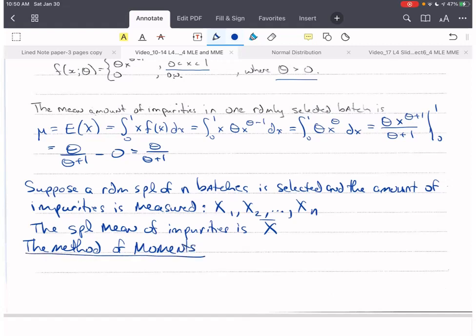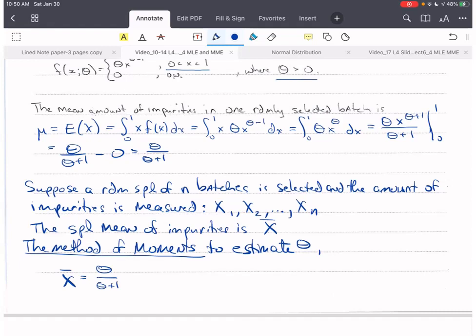So the method of moments says that, to estimate theta, jumping ahead of myself, we take x bar equals E of x. So what we do is we set x bar equal to theta over theta plus 1.